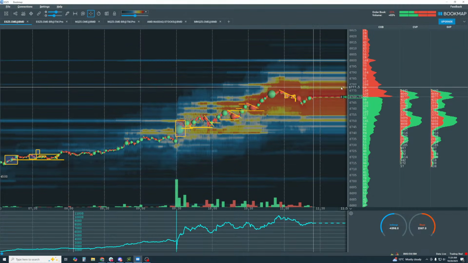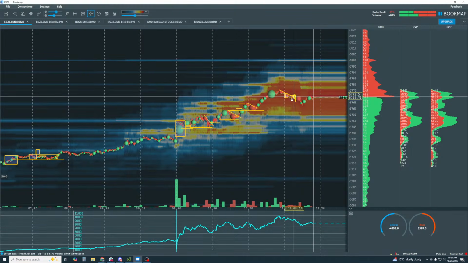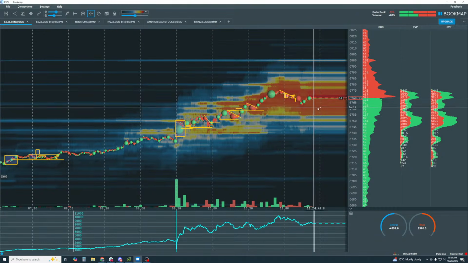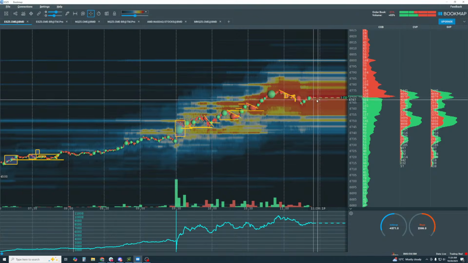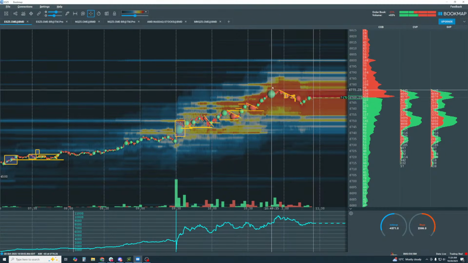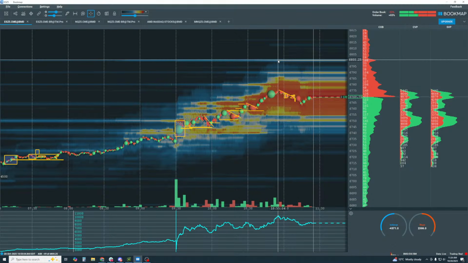Okay, so there still might be a little more gas in the tank in this move here. It's almost 11:30 now, but we can see this kind of chop around for a few more hours, and then end of the day, if you start to see this volume start to pick up in here and come back up here again, you'd look for not only 67.80, you'd look for maybe 6,800.